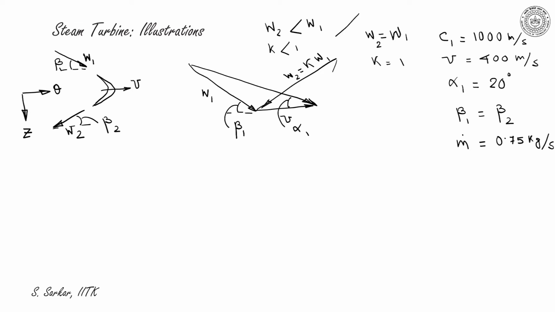So this is C2. Let me take another color. This angle is beta 2 and this angle is alpha 2.